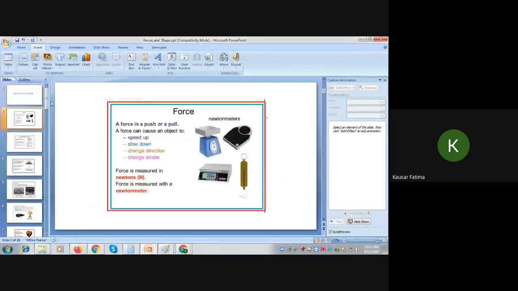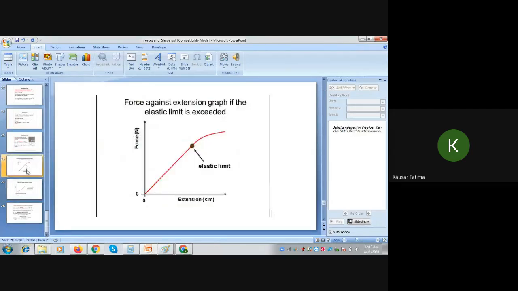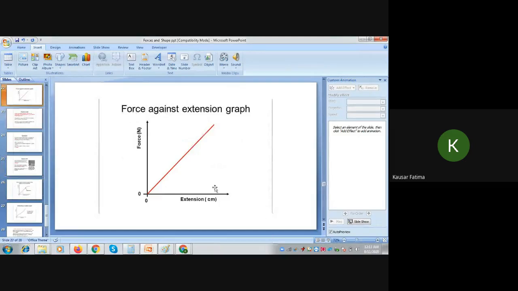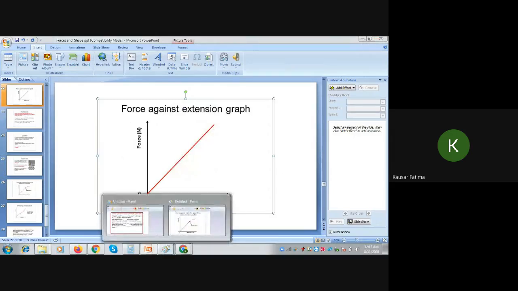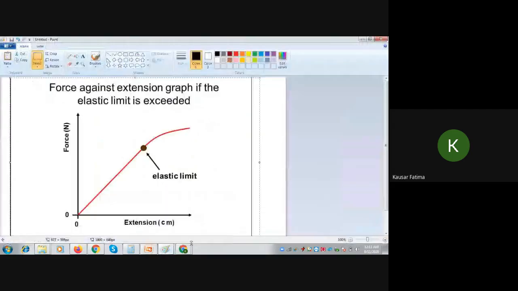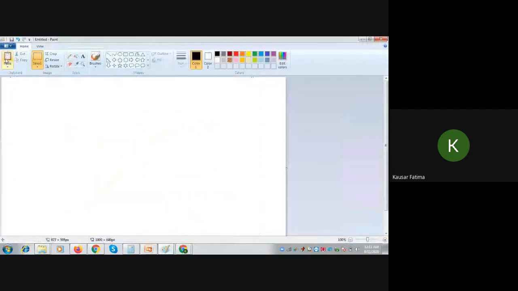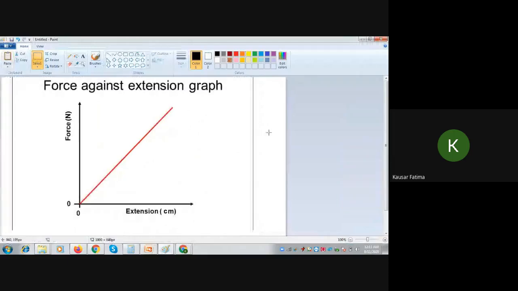Here we have one more thing to discuss, and that thing is related to this graph. The graph, which is a straight line between force and extension. So if the graph is plotted here, the gradient of the graph will give you the spring constant.